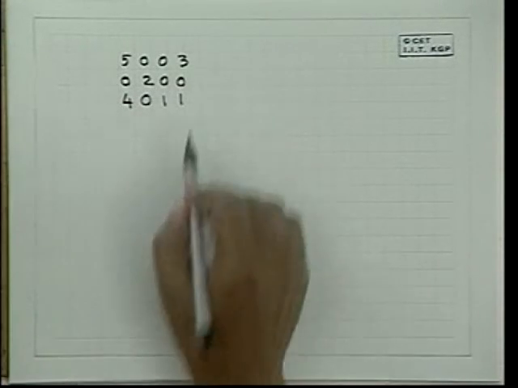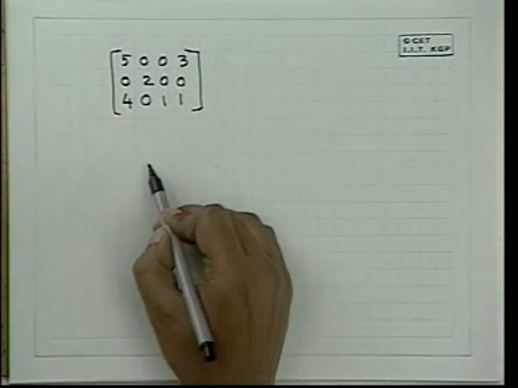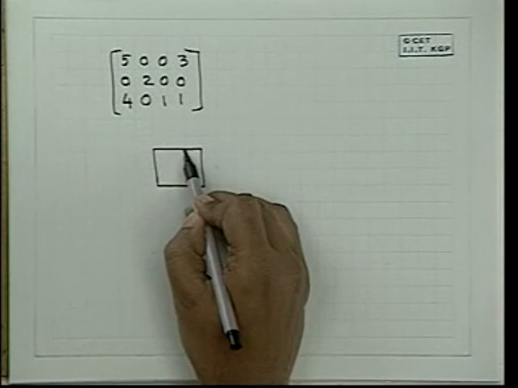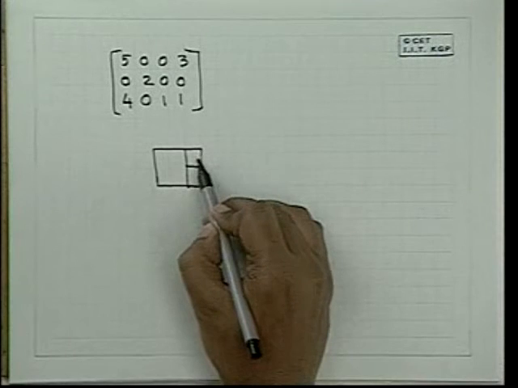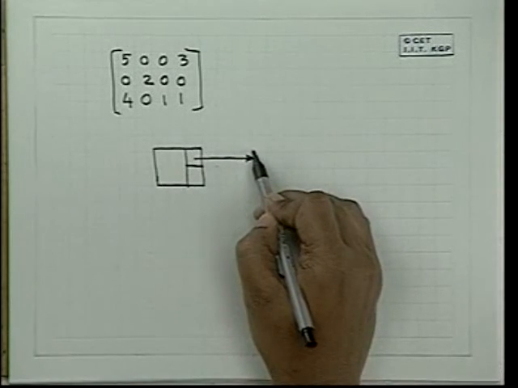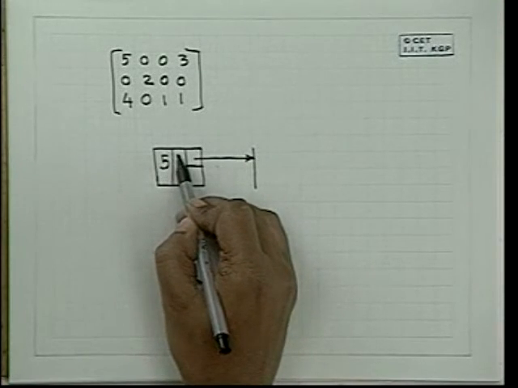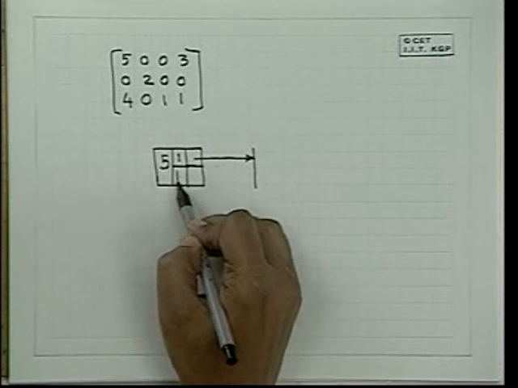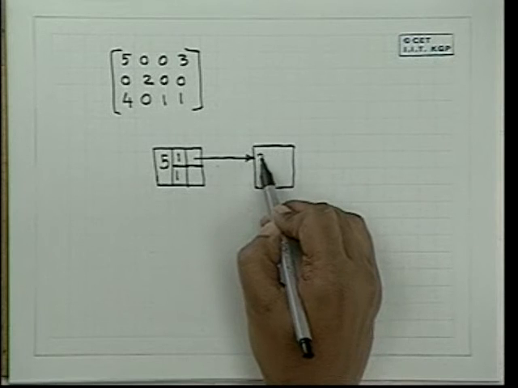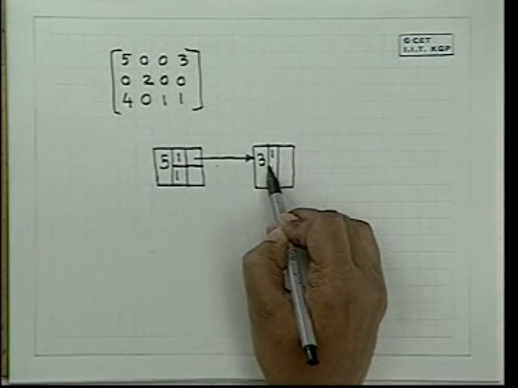Suppose you take this matrix, then this will be the next element in the row. So, if this is 5, the row and column is 1 1, then the next element will be 3, 1 4.